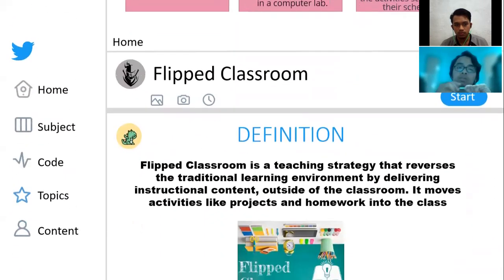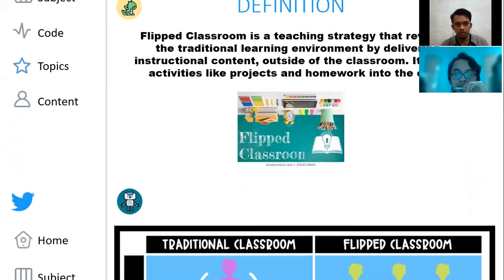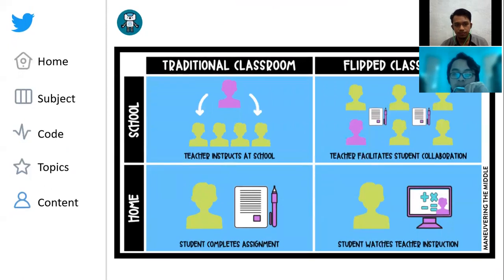Next we go deeper into the flipped classroom, where the definition is a teaching strategy that reverses the traditional learning, where the students are provided material and will be presenting in class. These are the differences between the traditional classroom and the flipped classroom.